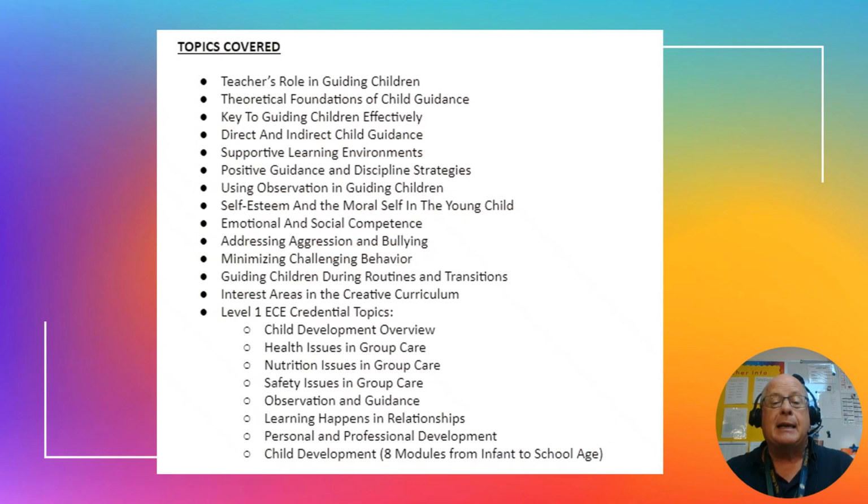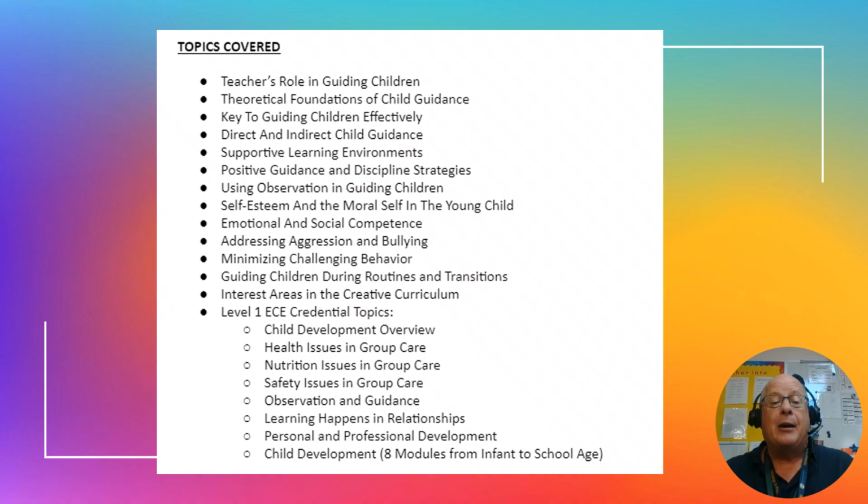Next is a listing of topics covered. So I'm going to highlight some of these. So first of all, we're going to talk about the teacher's role in guiding young children. Guiding young children is helping children to behave appropriately, to make good choices. Another theme that we're going to talk about is emotional and social competence.